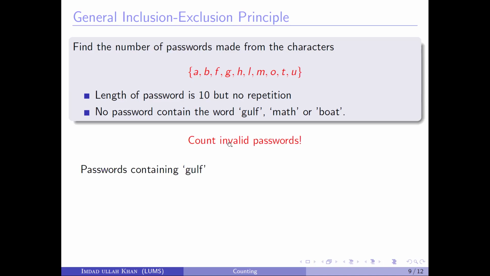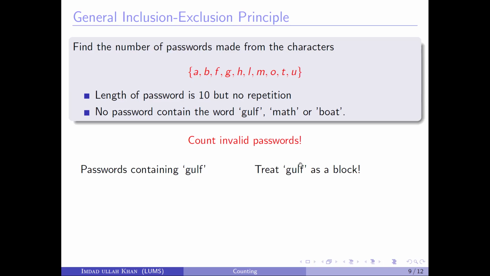So we first count invalid passwords. Passwords containing golf. Take a pause, try to figure out how many passwords can contain golf as the substring. So treat golf as a block. By block, we mean that golf is now one component in the entire password of length 10.